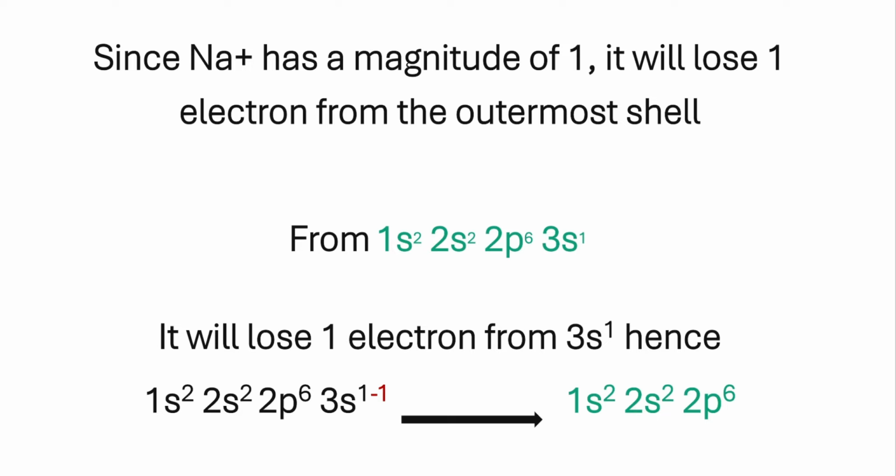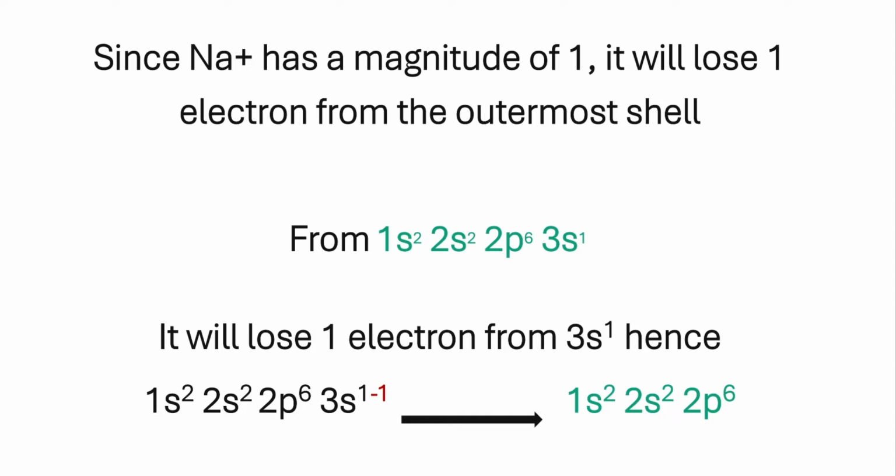Now this electronic configuration looks like the electronic configuration of neon, which is a noble gas, or you call it a rare gas or inert gas. This is a JAMB question, mind you. So this electronic configuration of 1s2, 2s2, 2p6 has achieved octet stability and now has 8 electrons in the outermost shell. I hope that is simple.